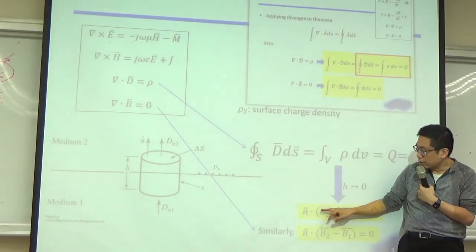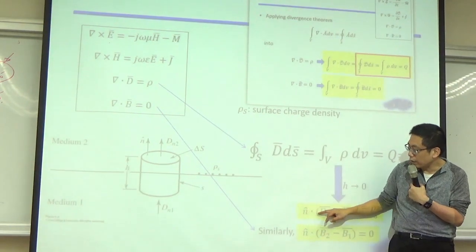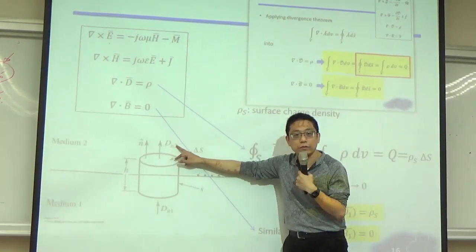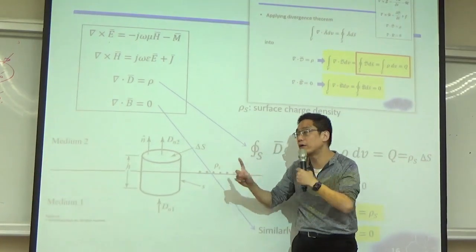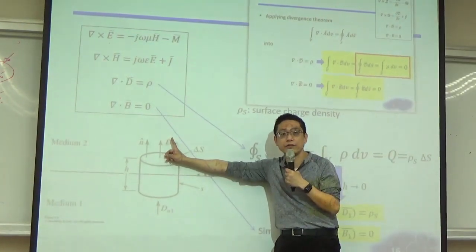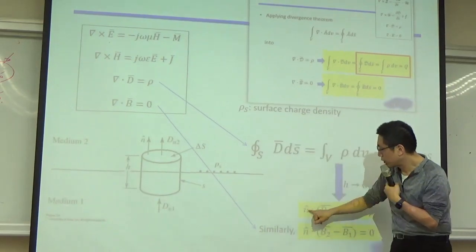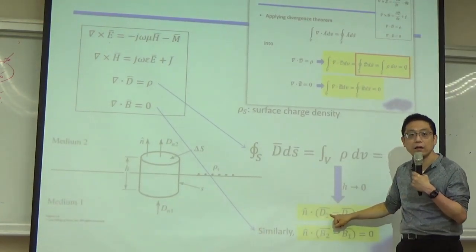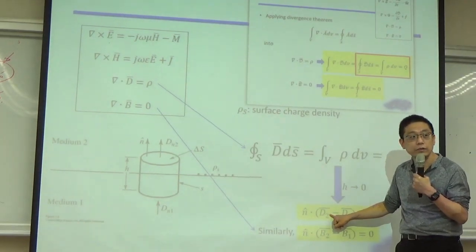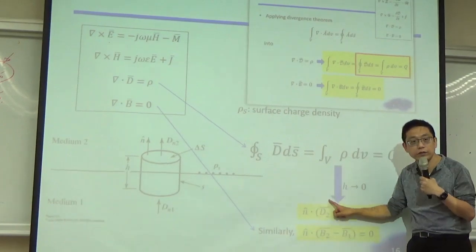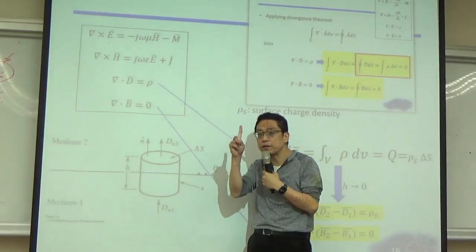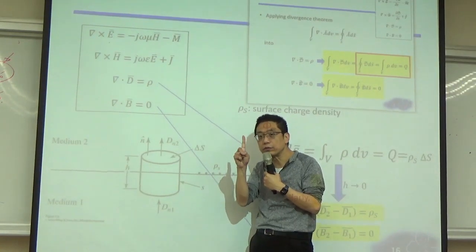d2 hat dot n is dn2. You have only this direction left. This d2 means all the directions of d2, and dn2 means only the perpendicular direction of d2.